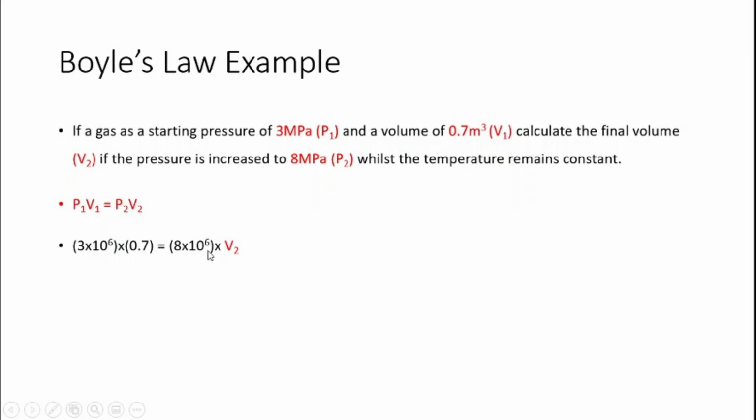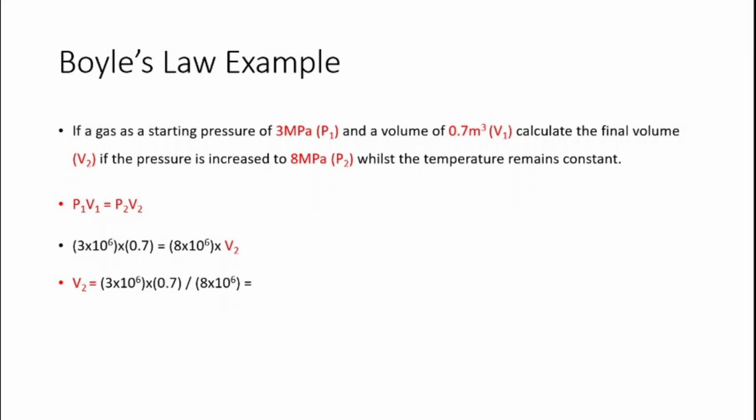All I'm going to do now is bring the 8 down. So V2 is 3 times 10 to the 6 times 0.7, all divided by 8 mega. That will give me the volume after we increase the pressure. The volume goes to 0.2625 cubic meters.